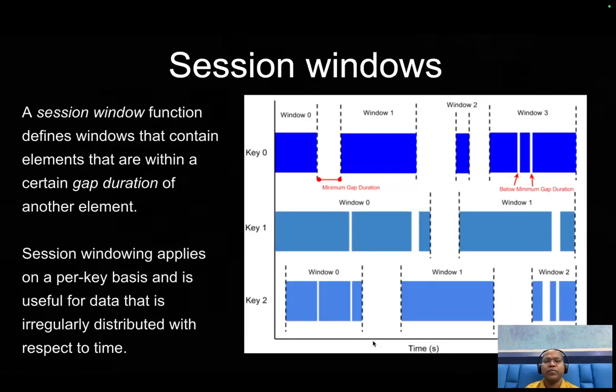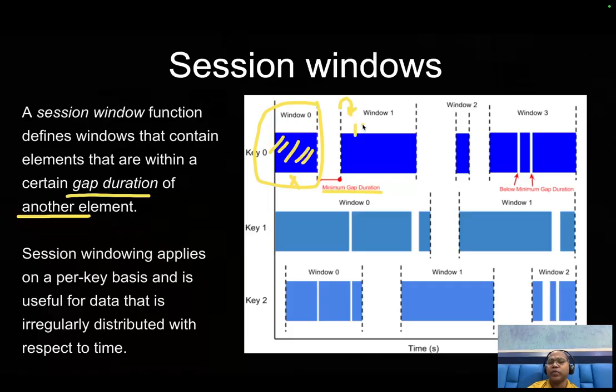Okay, and if you look back at the example, the session window is just like a function that contains the gap duration of another element. Like here, one window is started, and all the elements coming go to this window, but after our gap duration, if no element comes, it closes. Again a new element comes after the gap, and a new window is started.